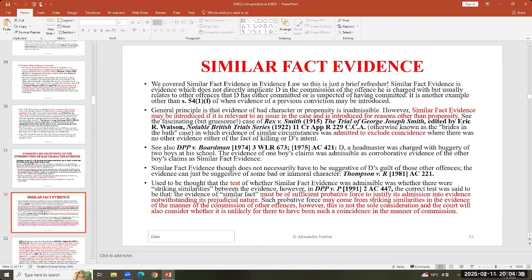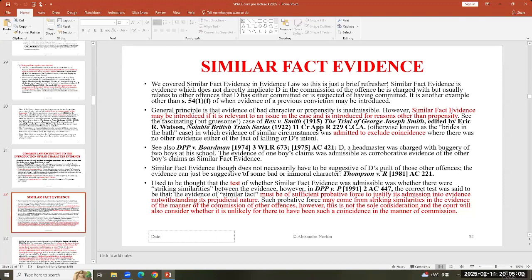So we started off with the brides in the bath case, where the husband's two wives had died under similar circumstances, and nobody had been in the room when they drowned in the bath, but he'd coincidentally taken out big life insurance policies on them and inherited a windfall when they passed away. So evidence there of the death of the first wife was allowed to be introduced in the trial for murder of the second wife to rebut his defense of coincidence, right? Because he was claiming they accidentally drowned.